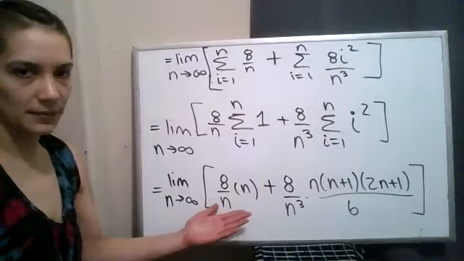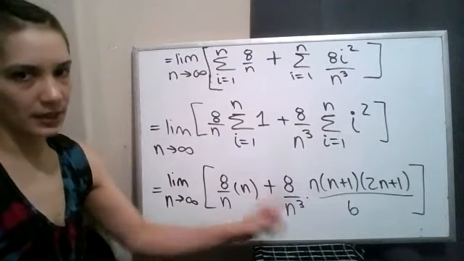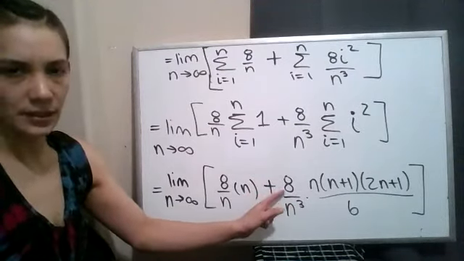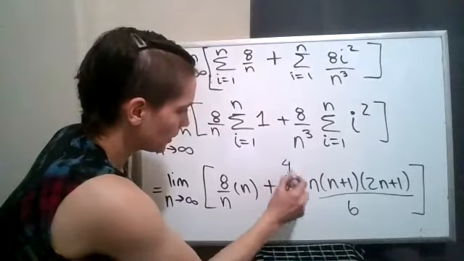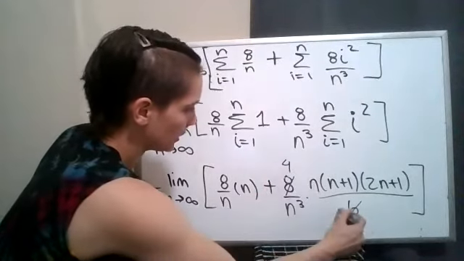Cool. So this is 8, and then we're going to figure out what this is. I know that this reduces to 4 over 3.